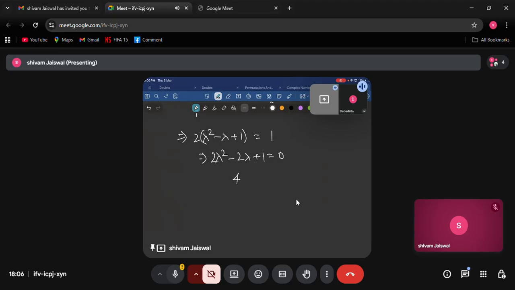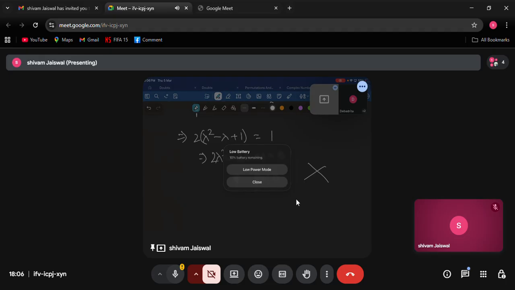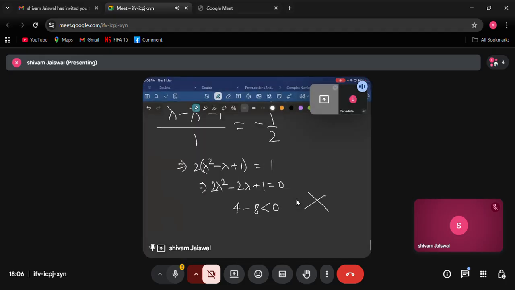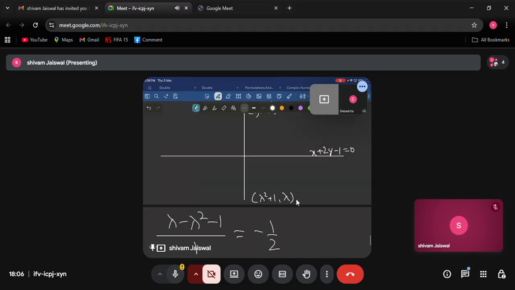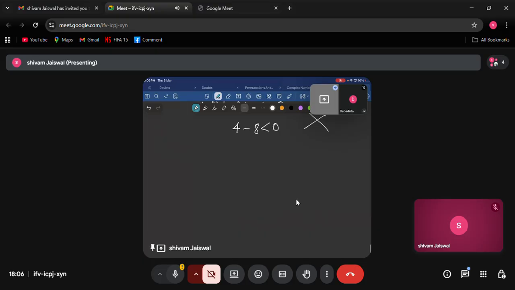Over here b square minus 4ac, that is 4 minus 8, is less than 0, so no real value of lambda. Not possible. So no value, that's the answer. Tell me, Devaita, Pratyoto, is it clear?